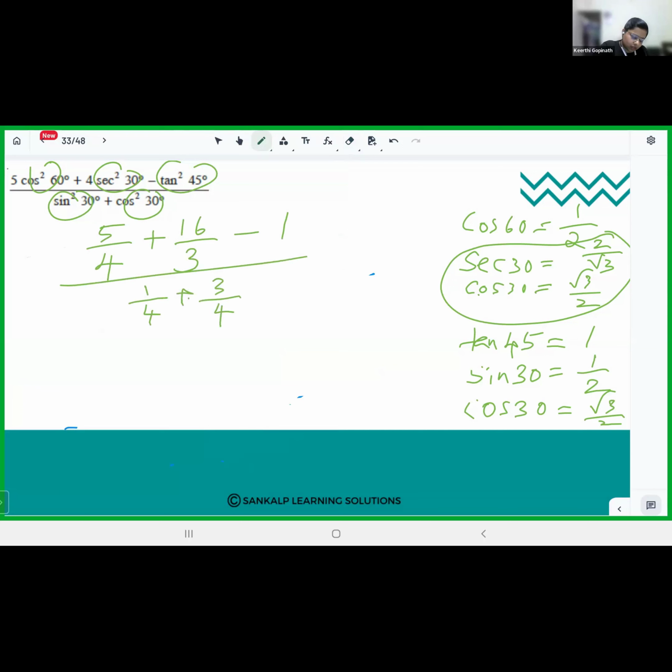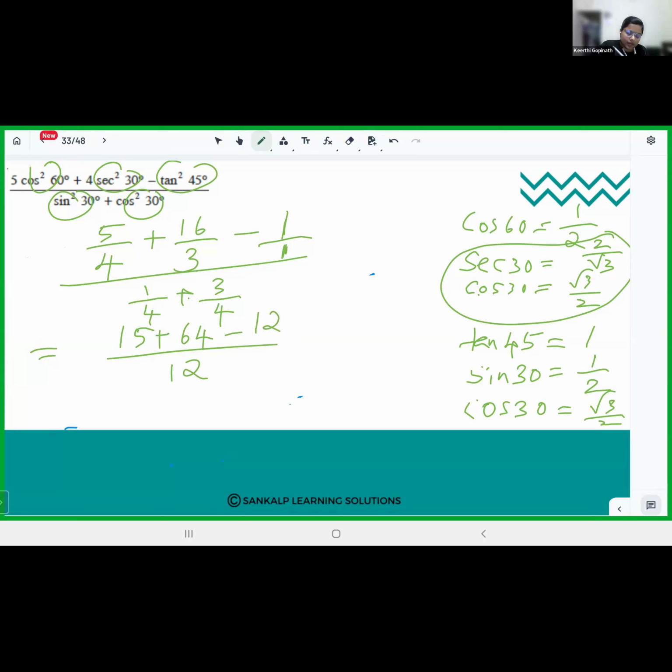So first of all, you consider the numerator part. You take the LCM of 4, 3 and 1. Here you assume it is 1. So 4, 3 and 1, the LCM is 12. So how will you find the numerator? It is 5 into 3, 15 plus 16 into 4 will become 64 minus, you are changing this also to 12, right? 1 into 12 will give you 12 itself.